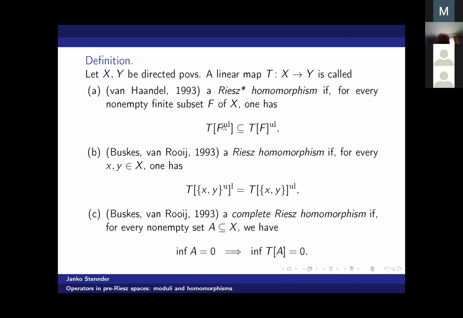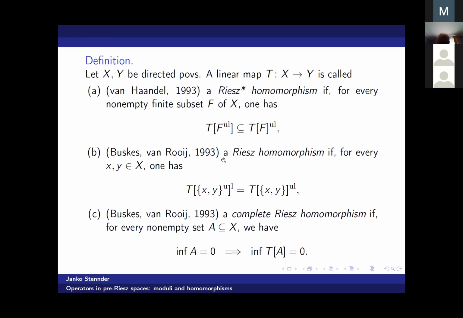And upper U always denotes the set of upper bounds of some set in the partially ordered vector space, and lower L denotes the lower bounds of some set. So this is quite a technical statement, but we will characterize Riesz star homomorphisms in a nicer way in a bit.